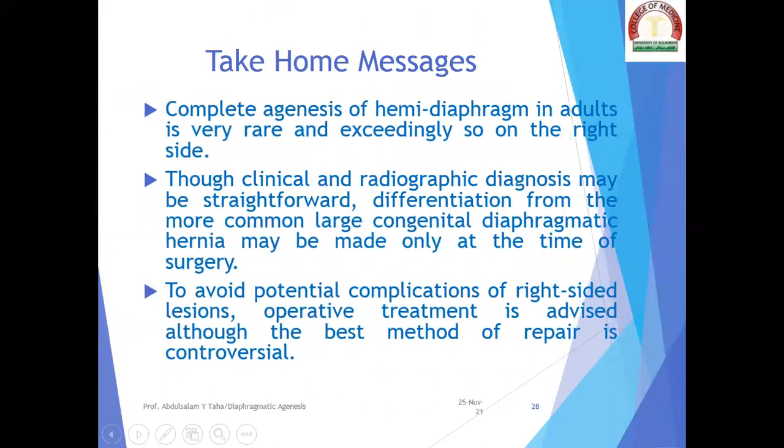So the take-home messages of our lecture: complete agenesis of hemi-diaphragm in adults is very rare and exceedingly so on the right side. Though clinical and radiographic diagnosis may be straightforward, differentiation from the more common large congenital diaphragmatic hernia may be made only at the time of surgery.